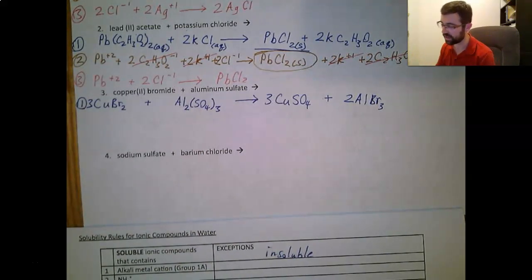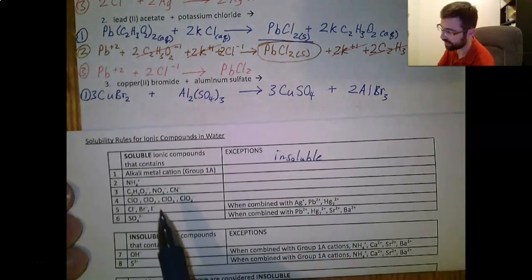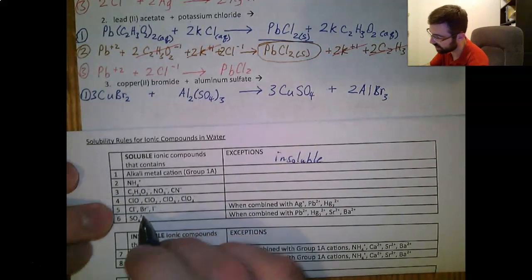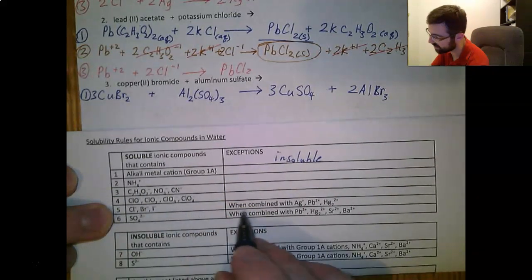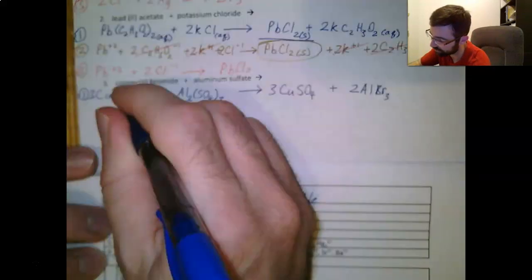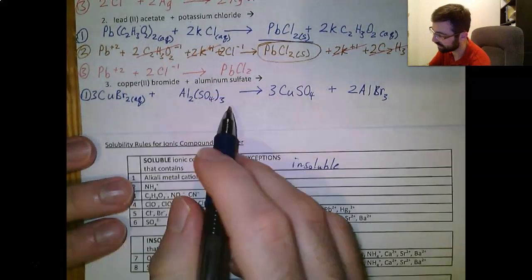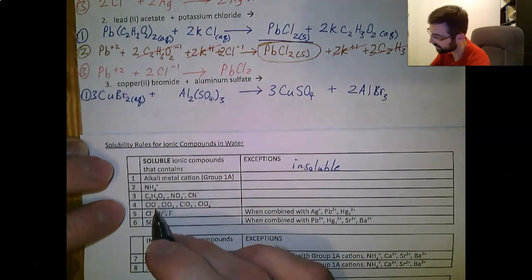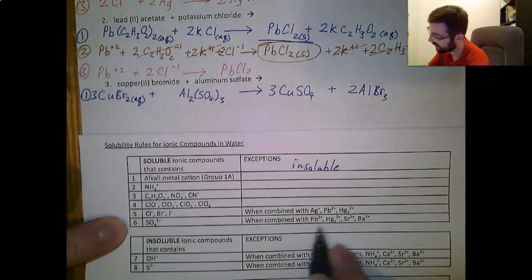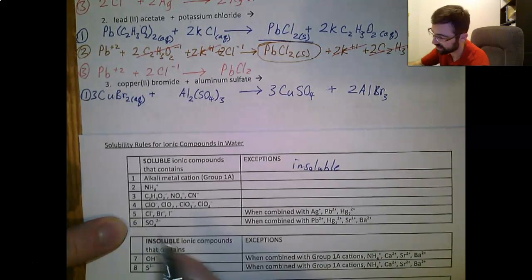Okay, now let's look at our states of matter. CuBr2. Br is soluble unless it's with one of those 3. Copper is not one of them, so it's aq. Al2(SO4)3, sulfate. This is not an exception. It's not lead, mercury, strontium, or barium, so it's going to be soluble.